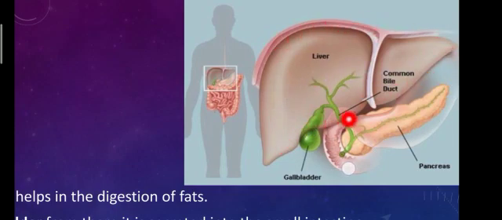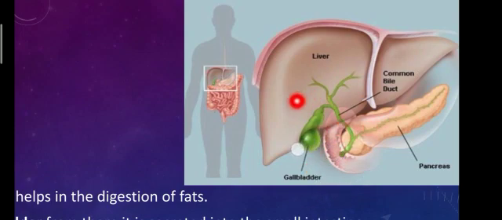The liver produces bile pigment, and the bile is transferred to the gallbladder. In the gallbladder, bile is stored, and when in use, the bile is released in the duodenum of the small intestine for action.